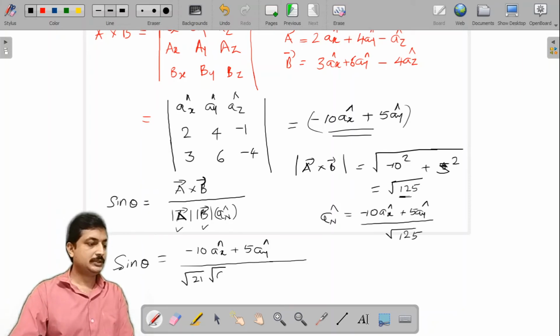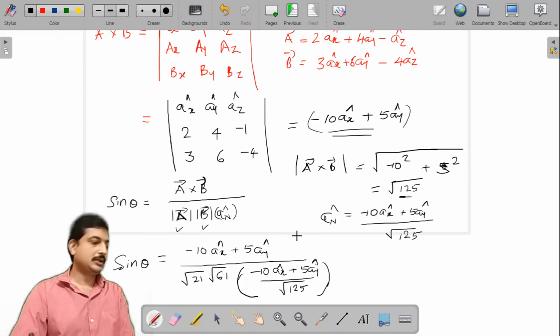Square root of 61, and n cap, so this should be multiplied by n cap. n cap is minus 10 ax cap plus 5 ay cap divided by square root of 125.